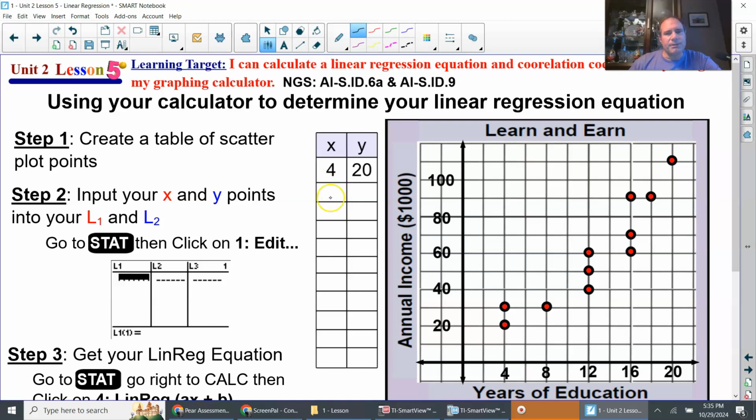We are just going to put the points in from the scatter plot. You see the scatter plot right here. The first one is 4, 20. The second one is 4, 30. So I'm going to put that in.